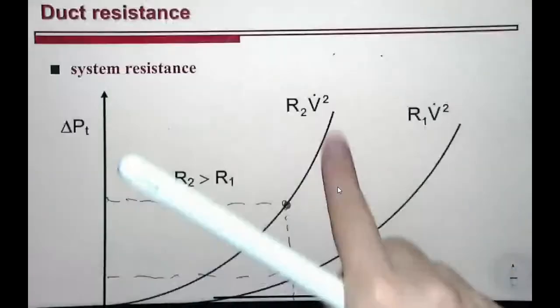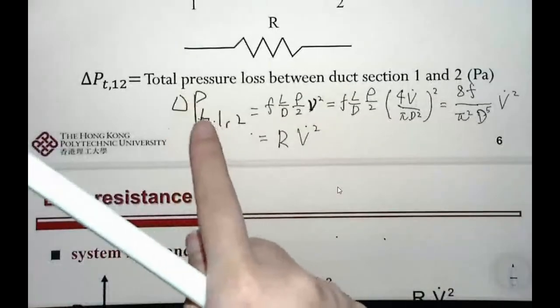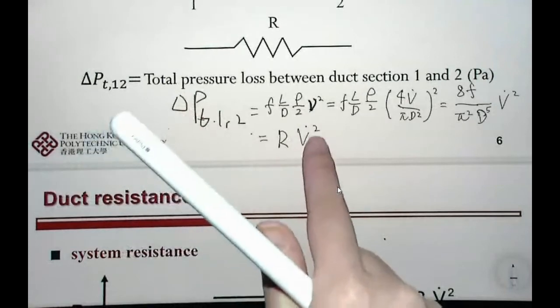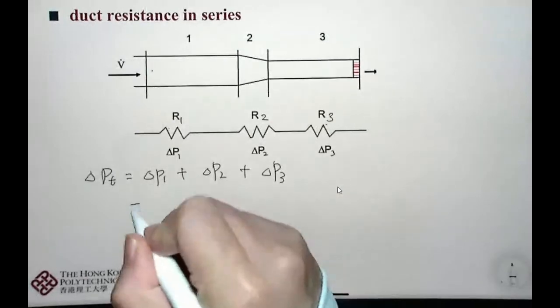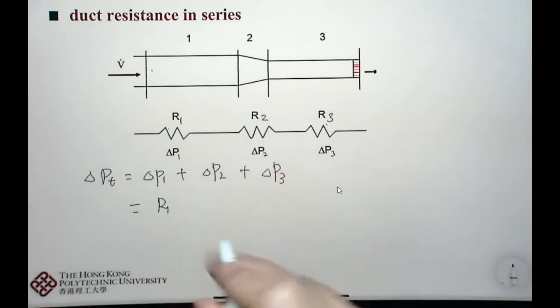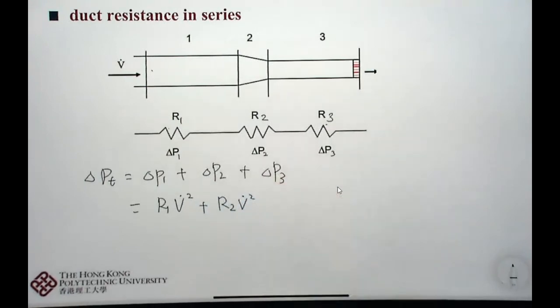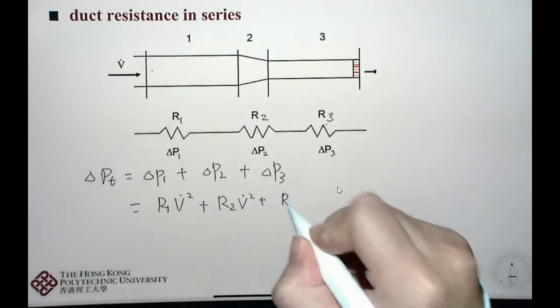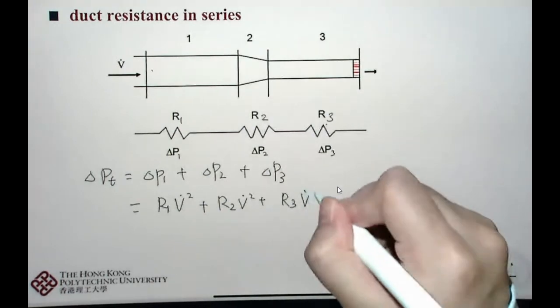From the previous expression, we know that for each individual duct section, delta P will be R times the square of the flow rate. So delta P1 will be R1 times V dot square, delta P2 will be R2 times V dot square, and delta P3 will be R3 times V dot square.